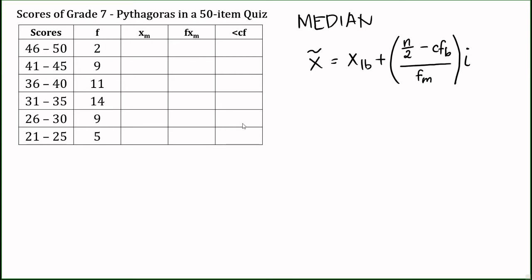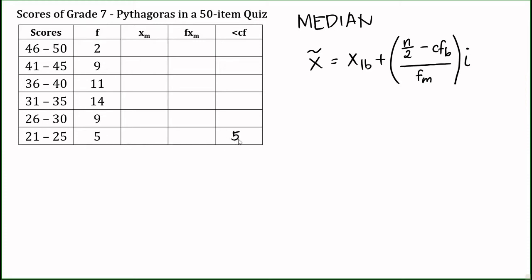So, dito tayo focus sa fifth column, which is the less than cumulative frequency. Pag sinabing less than cumulative frequency, magsisimula tayo dun sa lowest class. Okay? So, ang una nyo munang gagawin ay kopyahin yung frequency ng lowest class. At ang frequency ng lowest class ay 5.